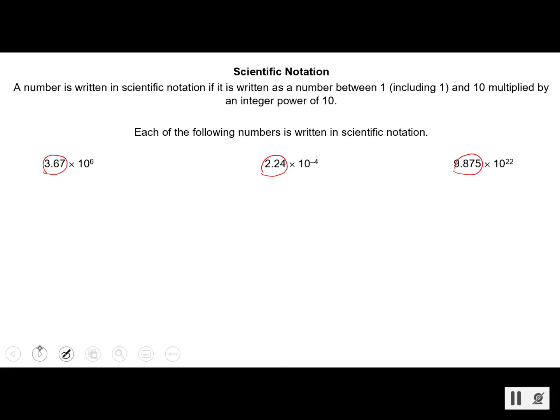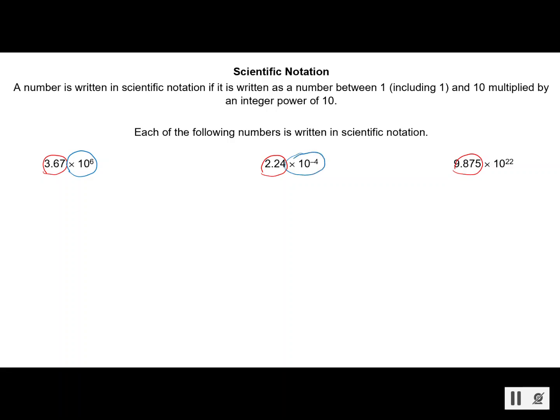So let's look at each of our examples here. The second part of the first number, the 3.67, is being multiplied by 10 to the 6th. Is that 10 raised to some integer power? Yeah. So the first number here, 3.67 times 10 to the 6th, is a number written in scientific notation.